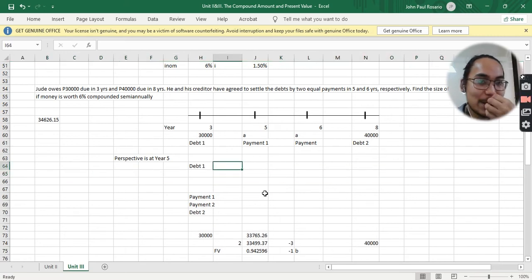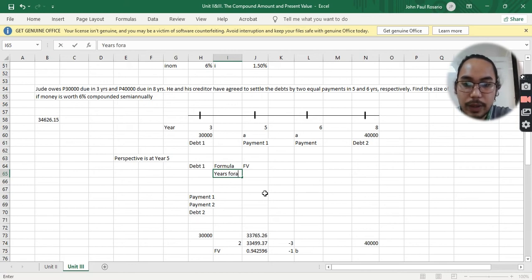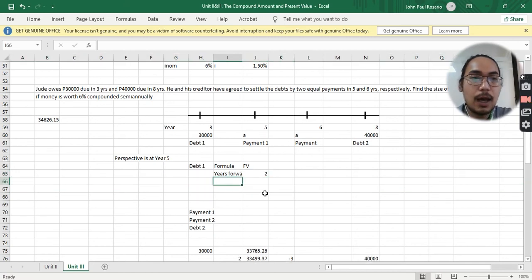So the formula would be, again, future value, with 2 years forward, and then our nominal rate I is 6%. That should give us an I, though we don't have the periodic rate yet. Our term, our M, is semi-annually, so that's 2.